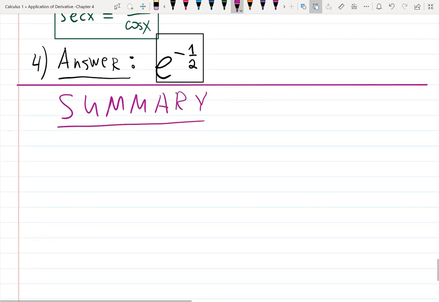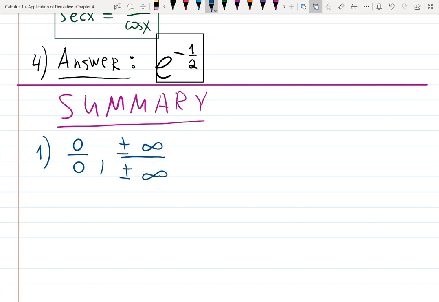To summarize, when you have 0 over 0 or infinity over infinity in any order, plus or minus case, then we know what to do. We use L'Hopital's rule right away.